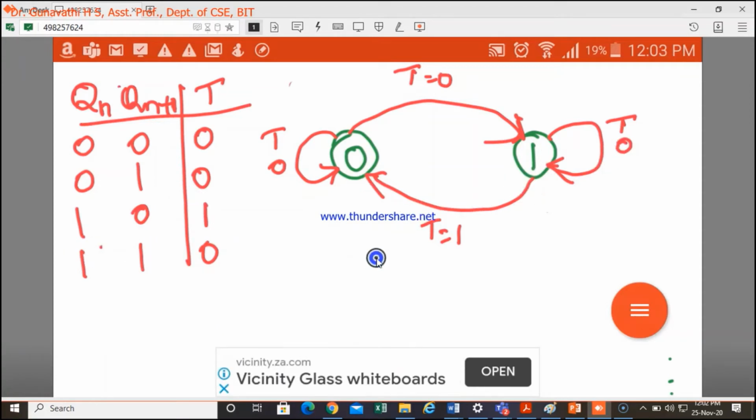I think somewhere we did something wrong in the previous one. Sorry. This one. Then 0 to 1, this is 1 then. It's not a truth table, it's an excitation table. This excitation table and truth table look the same here.